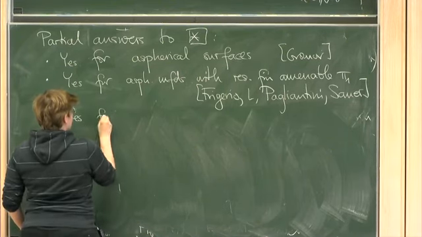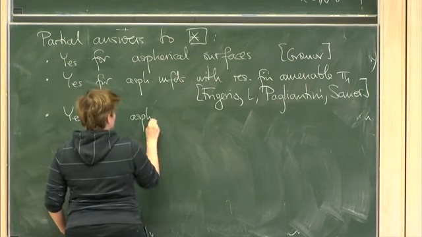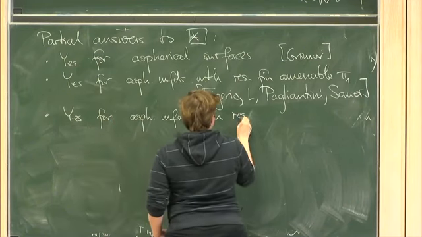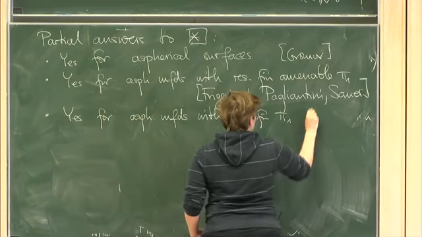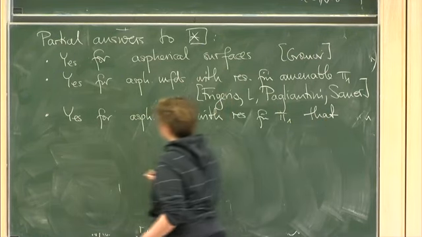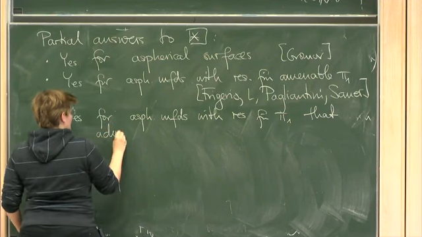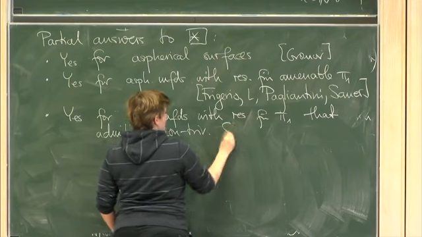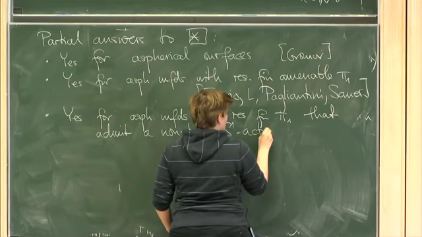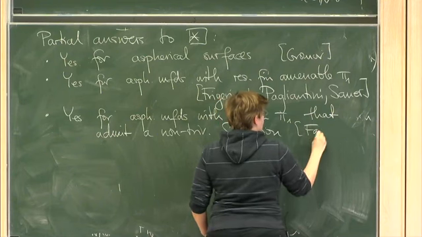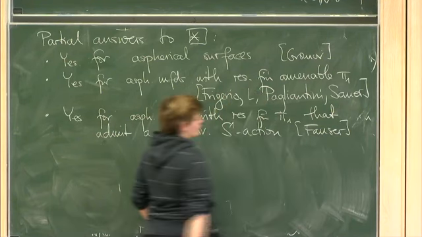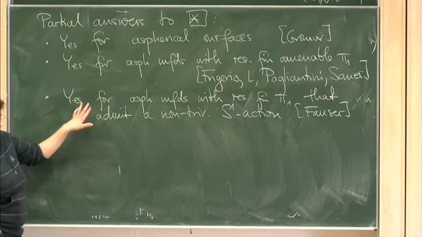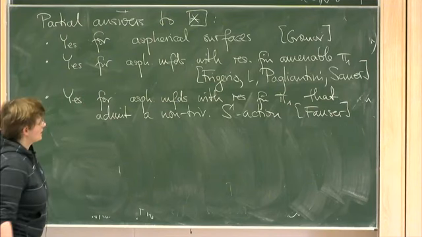So this is yes for aspherical manifolds with residually finite pi1 that admit a non-trivial S1 action. And this was proved by Daniel Fauser, who's a PhD student of mine. And I'll say something about the proof in a few minutes.